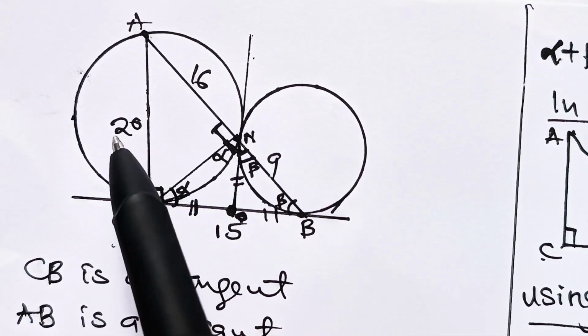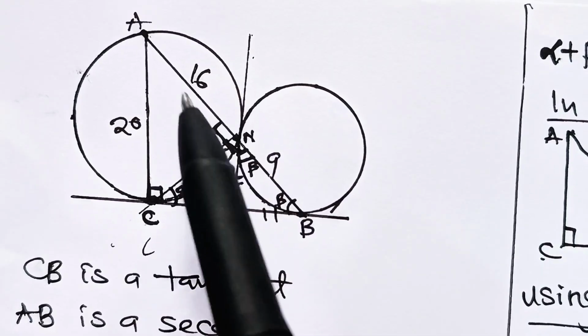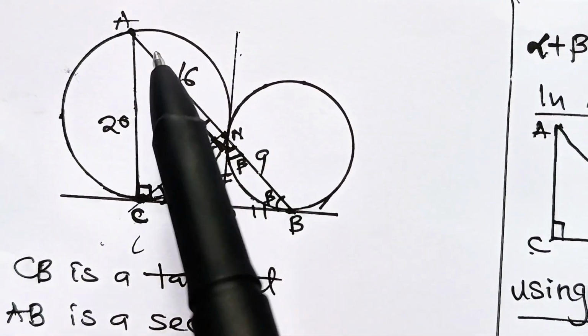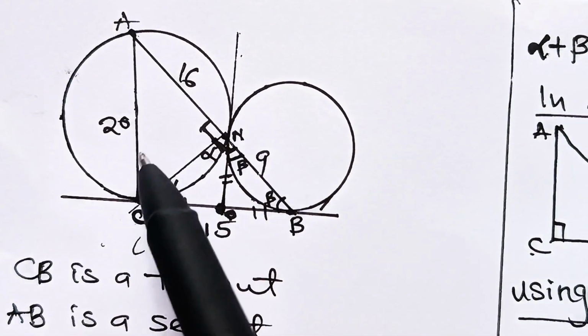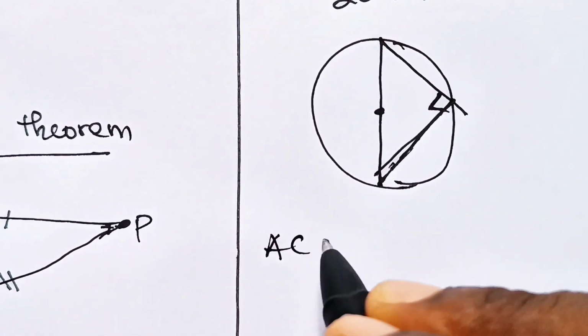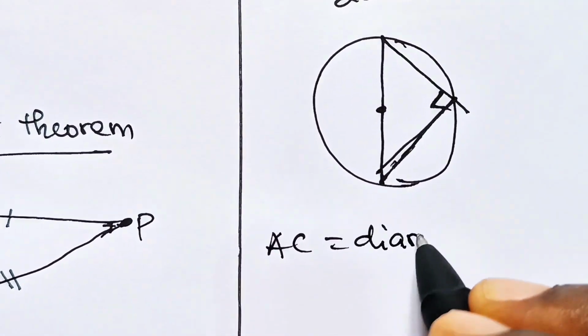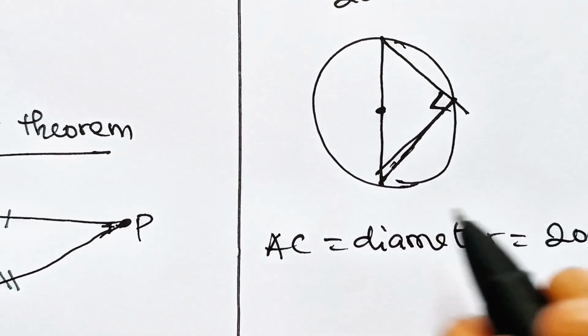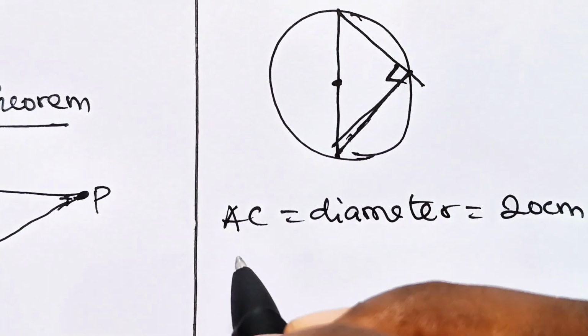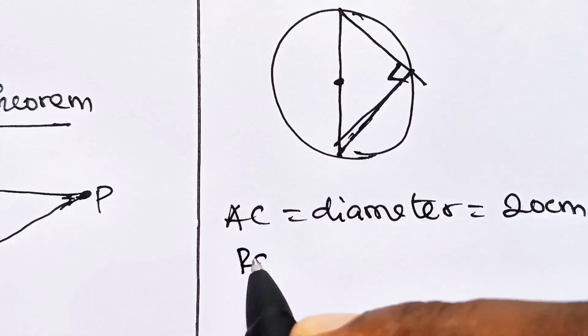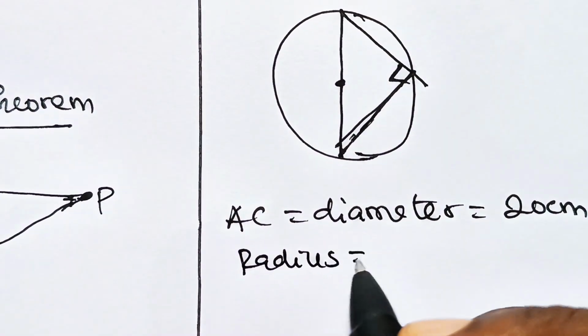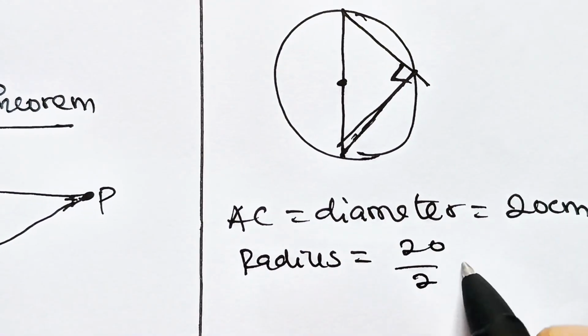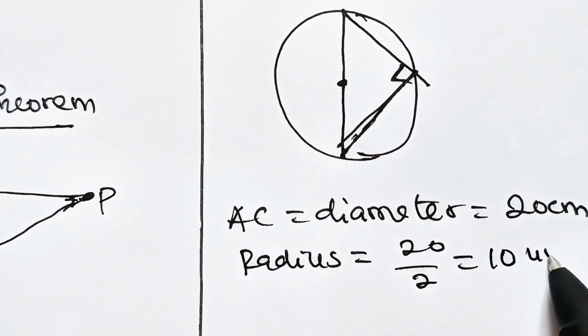It doesn't really look like that, but that is because this is not drawn to scale. So AC is the diameter, which is 20 units, and the radius of the circle should be 20 divided by 2, which is 10 units.